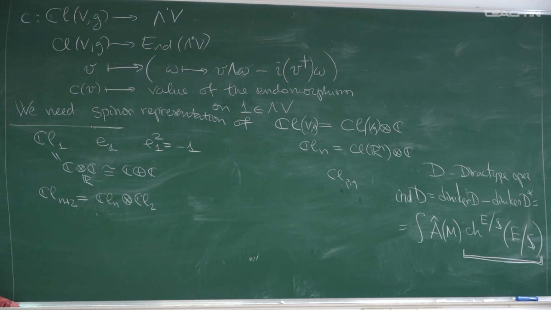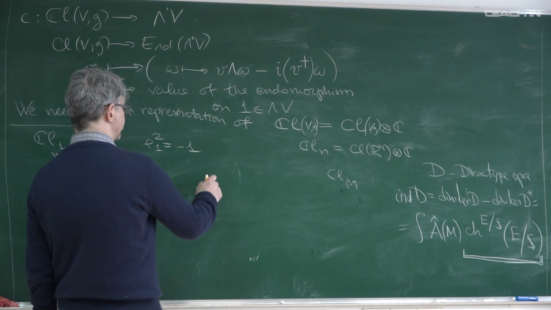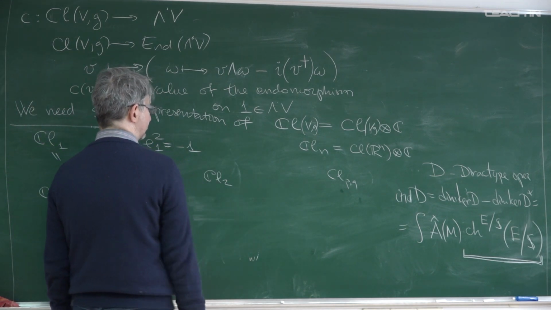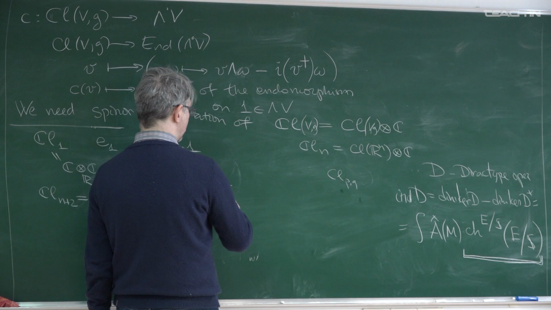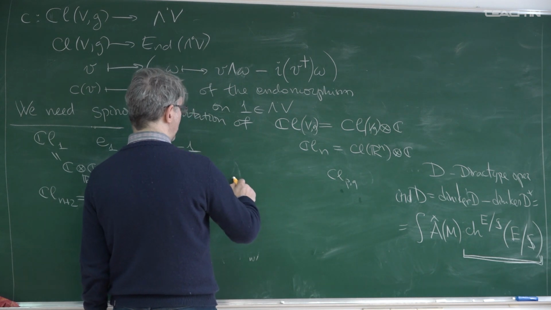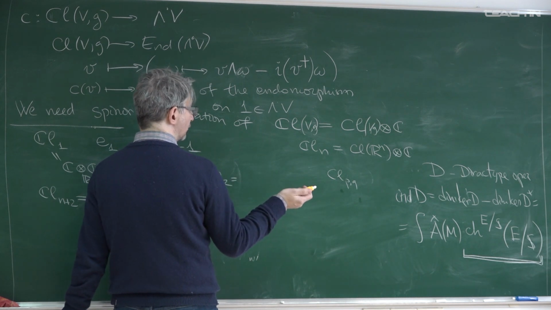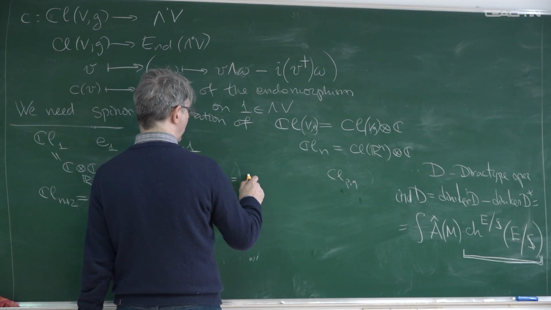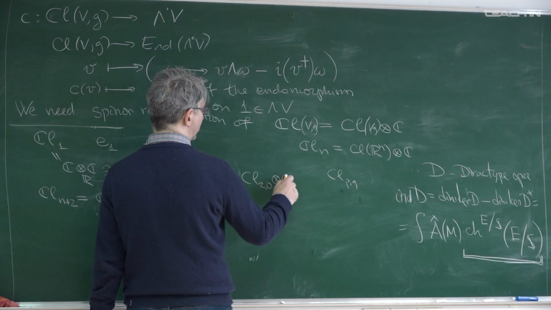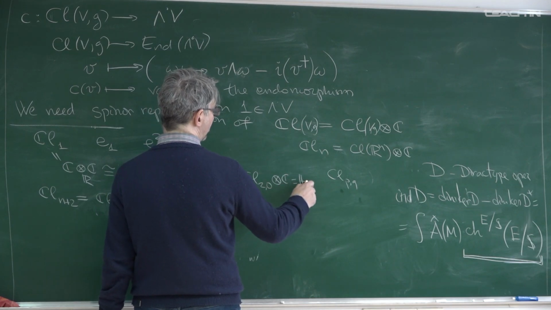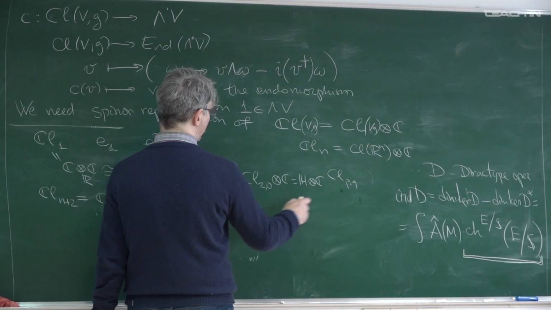By the way, what is ℂ2? It is the complex Clifford algebra with number 2. You can think about it in two different ways. First, you can take the usual Clifford algebra of R^2 and then pass to the complexification, so it's the tensor product of quaternions with complex numbers.